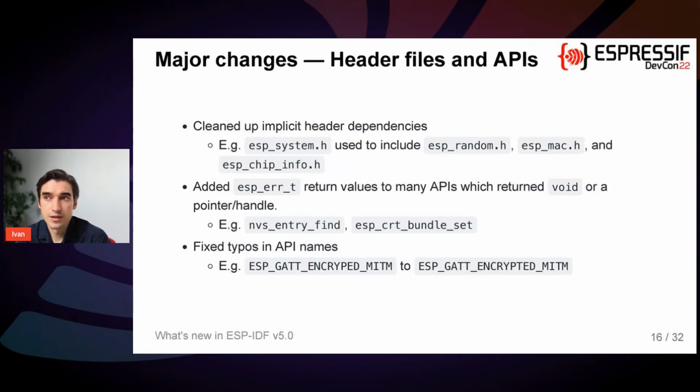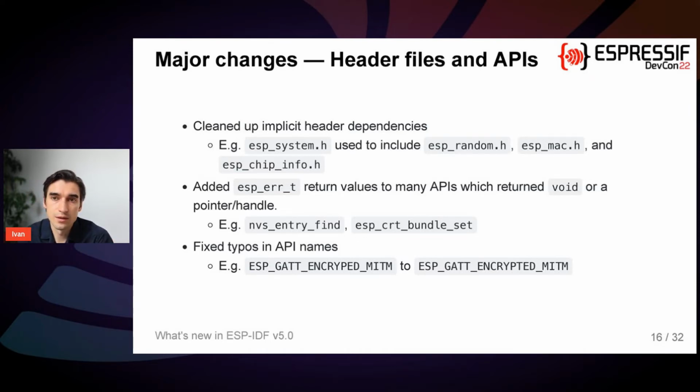Another example here is FreeRTOS header files, which commonly are included in a lot of source files in IDF and in user projects. FreeRTOS header files used to include a lot of header files from other components of ESP-IDF. For example, including any FreeRTOS header would also result in inclusion of the header file esp_timer.h. And that meant that you could use esp_timer functions like esp_timer_get_time without actually including esp_timer.h in your source file.